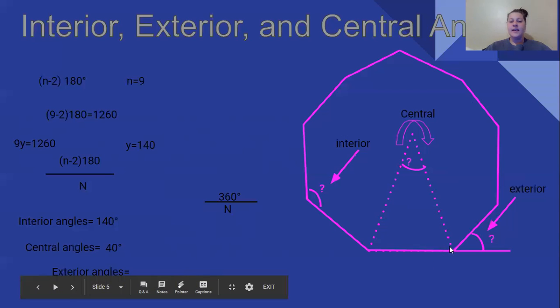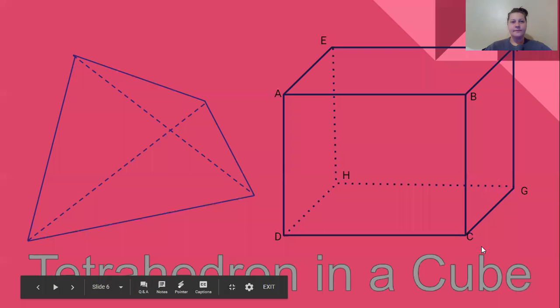We're going to assume this angle right here on the interior is 140, and we are wanting to know what this exterior angle is right here. This line just continued up out of this shape, and this is a whole other adjacent line, coming to this point, which is also known as the vertex. So this angle right here is 140. So 180 minus 140 gives us 40. So our exterior angle is 40 degrees.